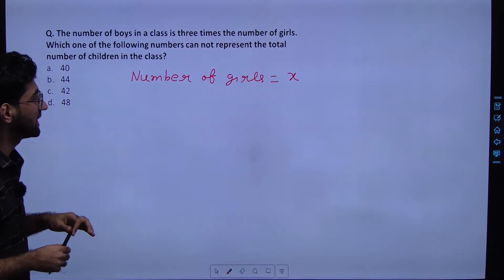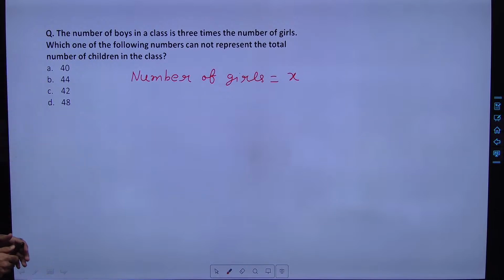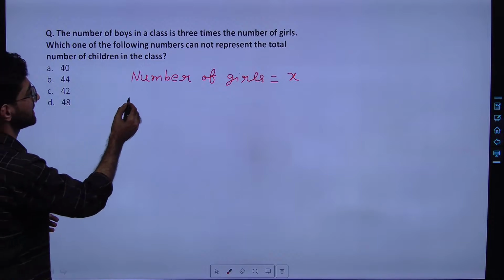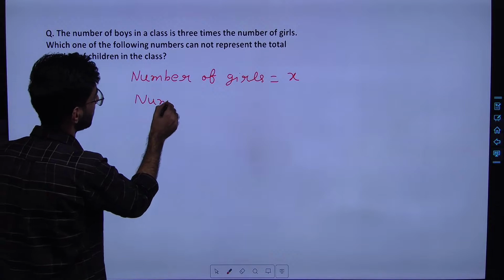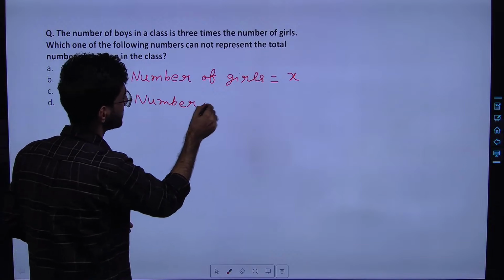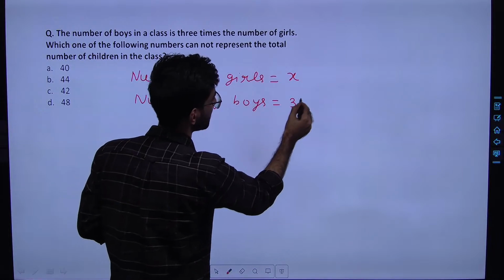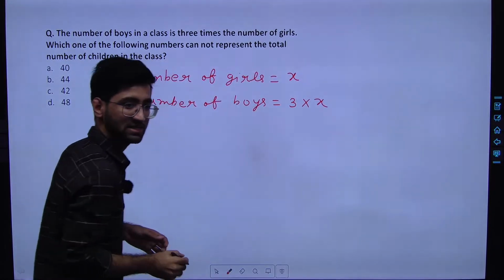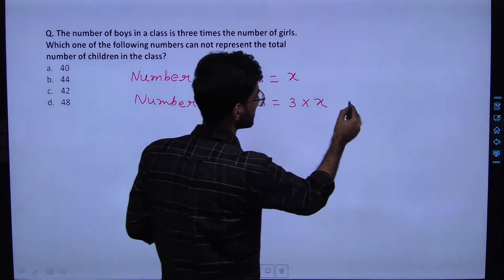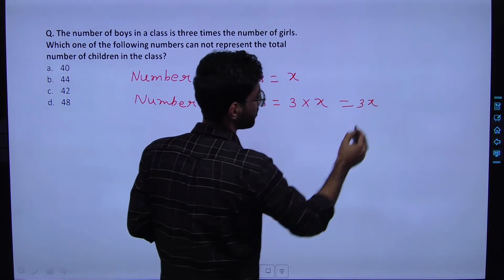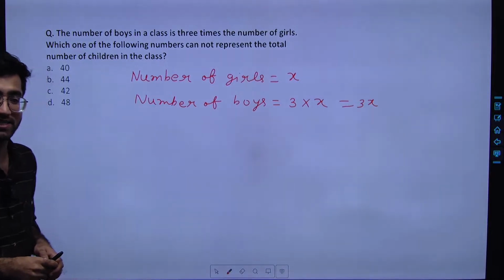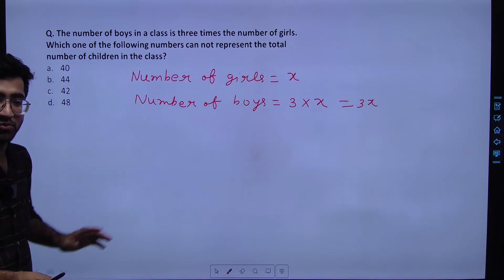So we have assumed that number of girls in class is equal to X, and in the question it has been given that number of boys in a class is 3 times, means number of boys will be 3 times of the number of girls. What is the number of girls? X. So 3 into X. So the number of boys will be 3X. Any doubt till this point?